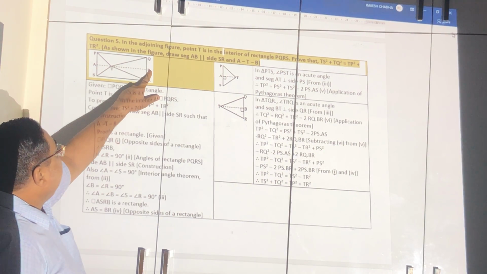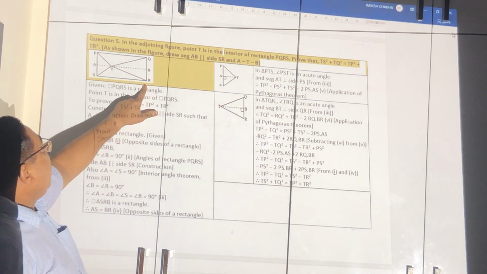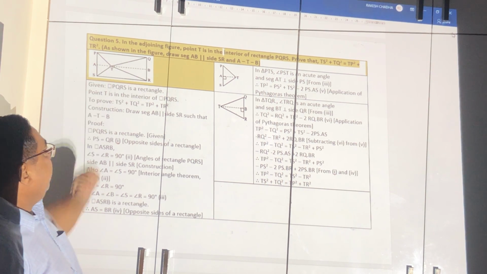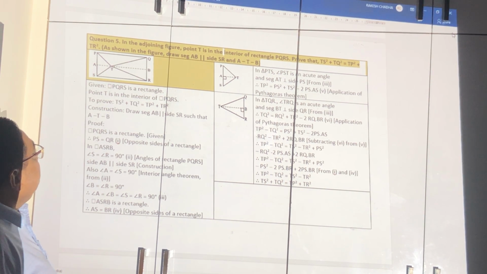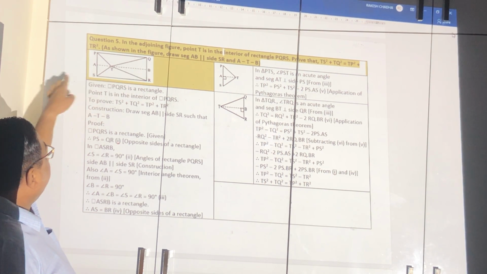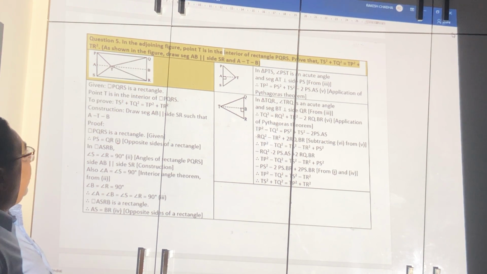Let us see. Draw AB parallel to SR such that T lies between A and B. Now, this is a rectangle, PQRS, the big one. So, PS is equal to QR. Very nice. Opposite sides of a rectangle are congruent.